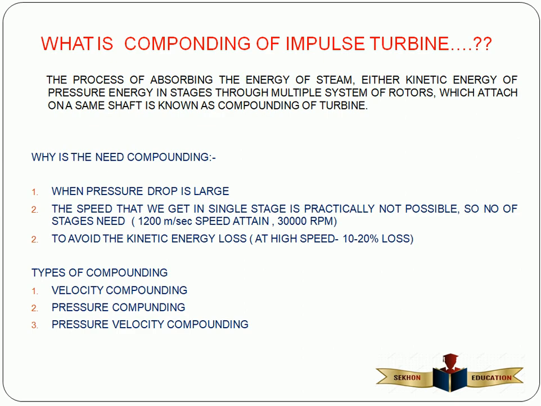Rather than converting pressure to kinetic energy in a single stage, we convert it in a number of stages. Then there is pressure and velocity compounding, a combination of both systems, in which we divide the kinetic energy and also the pressure energy into a number of stages. Now we discuss these three types in detail.